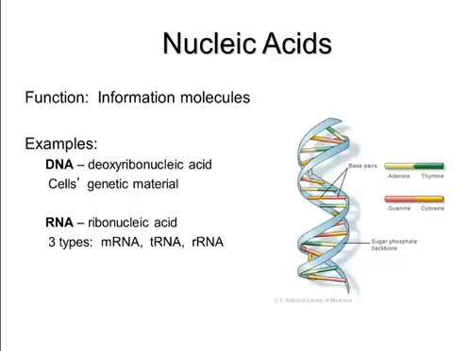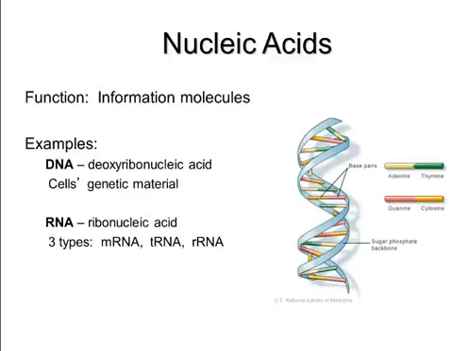The last major organic molecule we're going to talk about is nucleic acids. Now, nucleic acids are the information molecules of the cell. The components of nucleic acids are what make up the DNA, the gene, and the information that gets taken from the gene and made into the different parts of the cell for use in the cell through the use of RNA, ribonucleic acid.